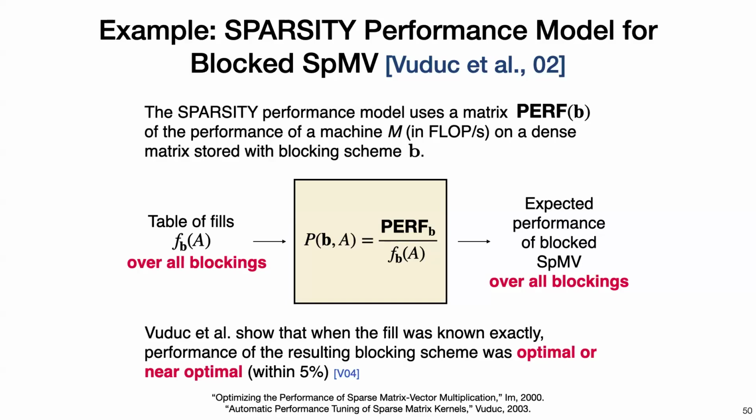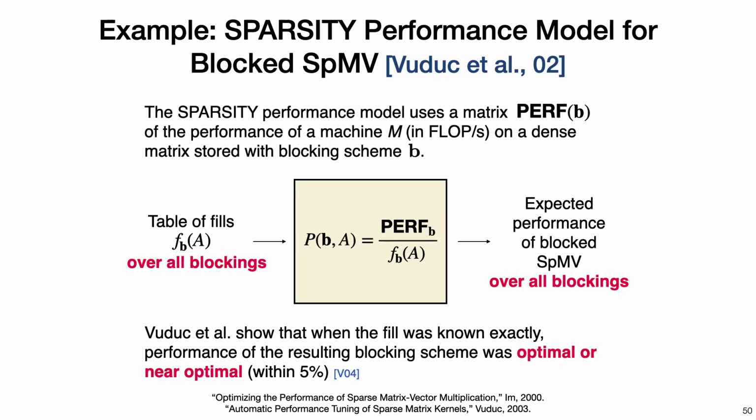This is really hard to prove mathematically. I don't think it's possible to mathematically prove that you can always get within some factor of the best performance possible given a block size, but they showed empirically that if you know the fill exactly, the performance of the blocking scheme chosen by that fill is optimal or near optimal, within 5%. This is just experimental.